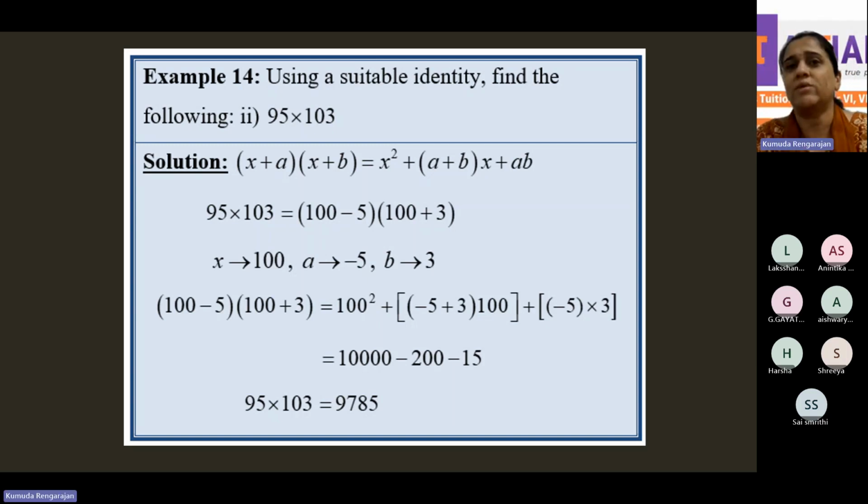These 4 examples are important because they cover all the identities, both the expression as well as the numerical version. Like expand 2x minus 3y the whole square, and also numbers, like expand 105 square or find the value of 105 square. So we have seen both the algebraic and the numerical versions.